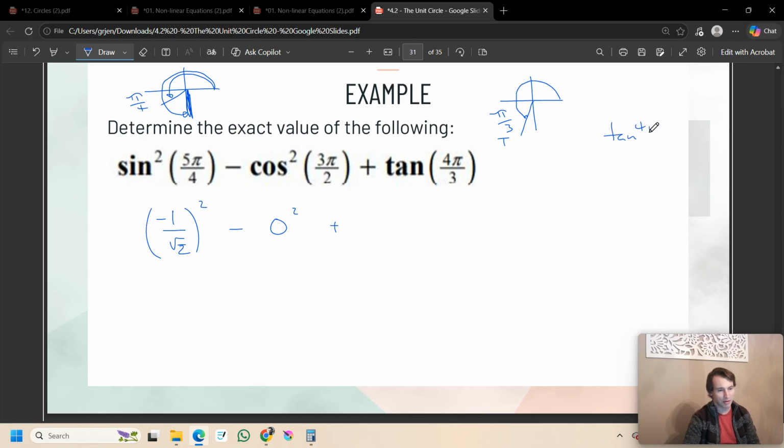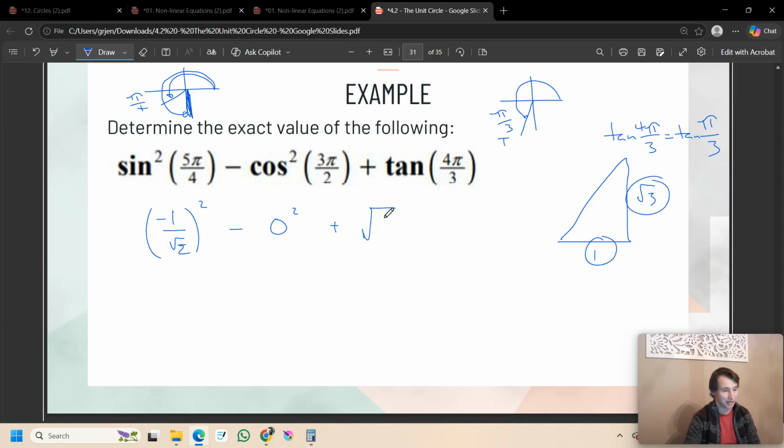Tan 4 pi on 3 equals tan pi on 3. Hooray! So tan pi on 3, let's just figure that out. This is root 3, this is 1. So tan is this on this. So it's just plus root 3.